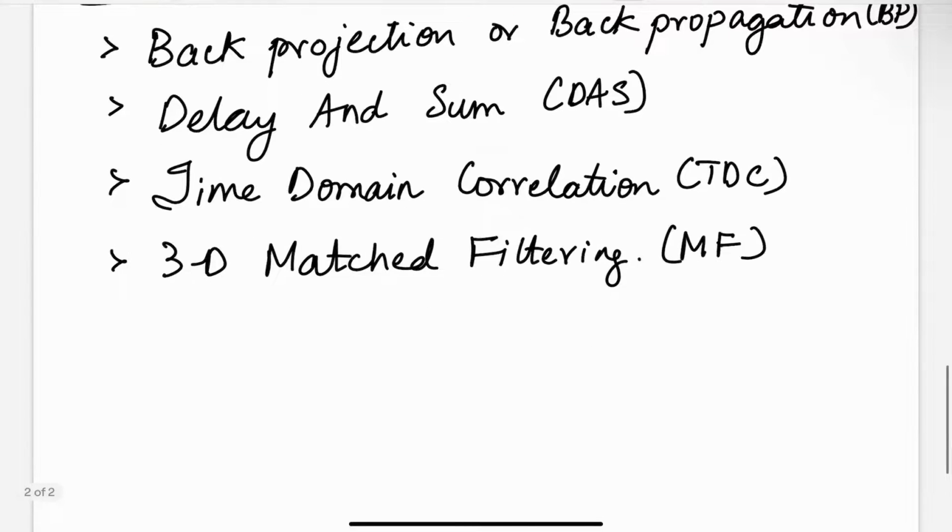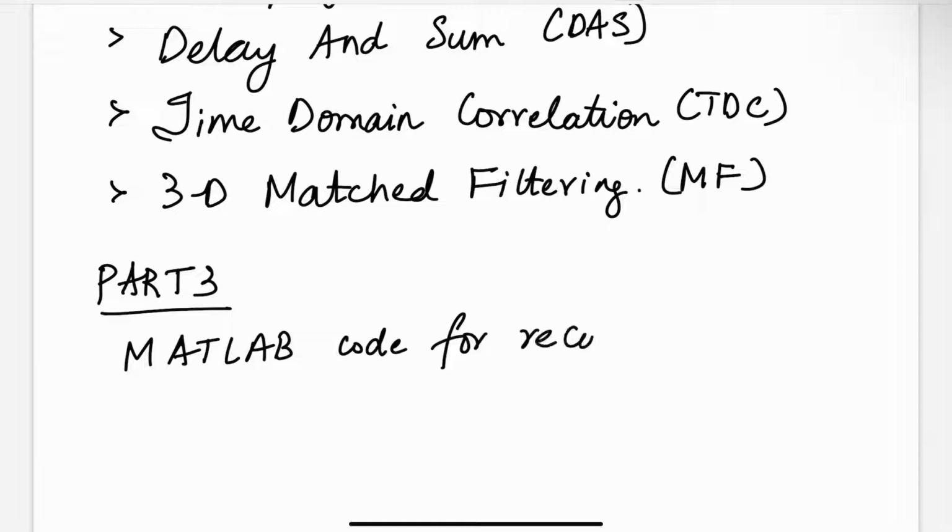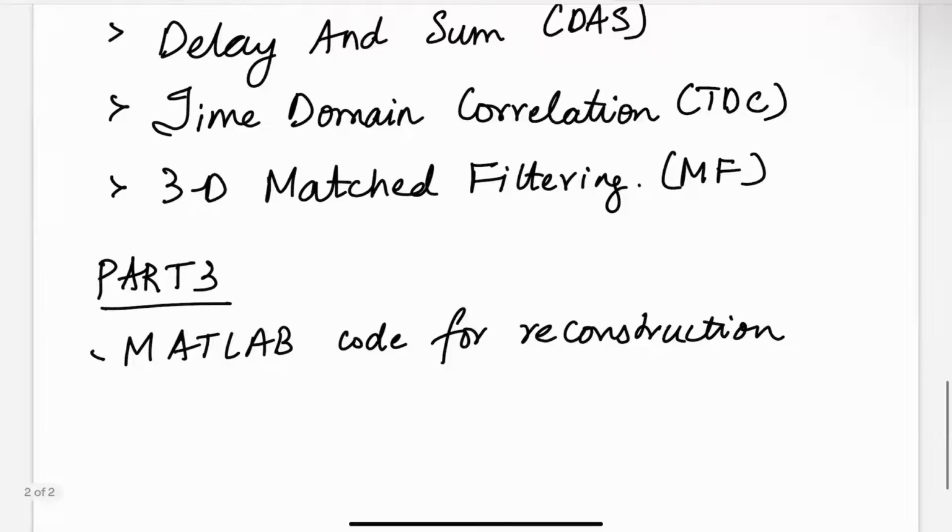Then in part three, which I think I'll do as a separate video, depending on how long this one takes, I will show you MATLAB code for reconstruction. This is with synthetic targets.